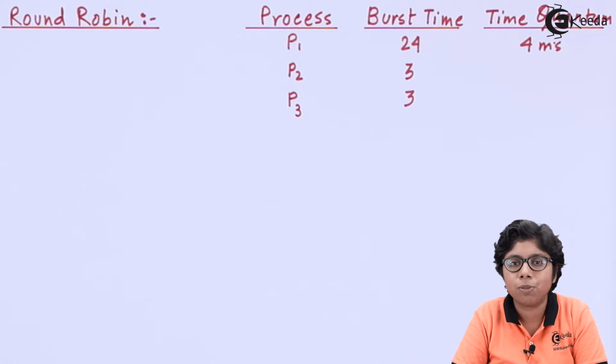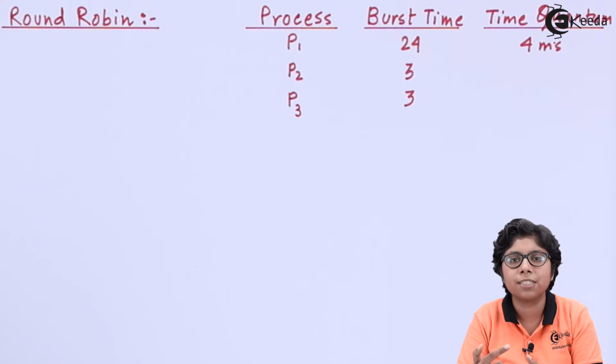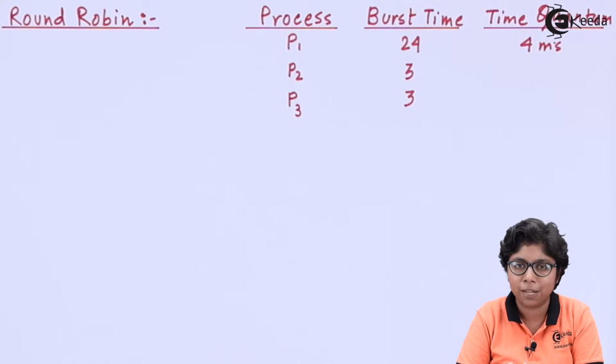What is a context switch? A process can switch back to the tail of the queue to complete its remaining execution, and the process currently executing goes back and a new process takes its place.